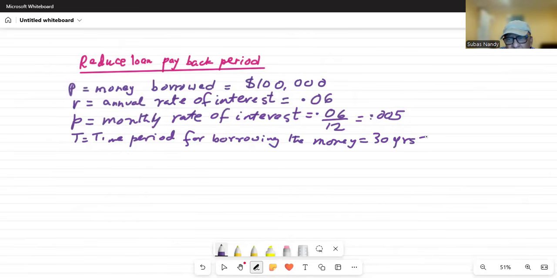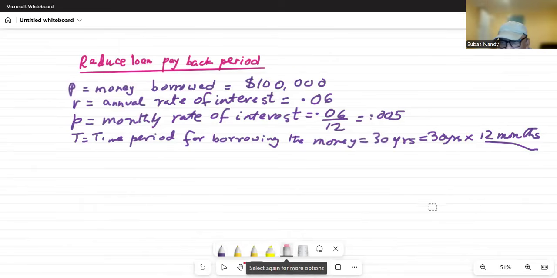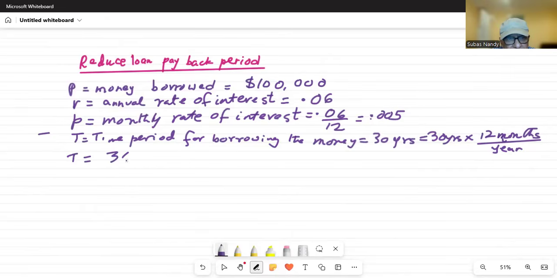or since there are 12 months in a year, 30 years times 12 months per year. So my T is equal to 360 months.